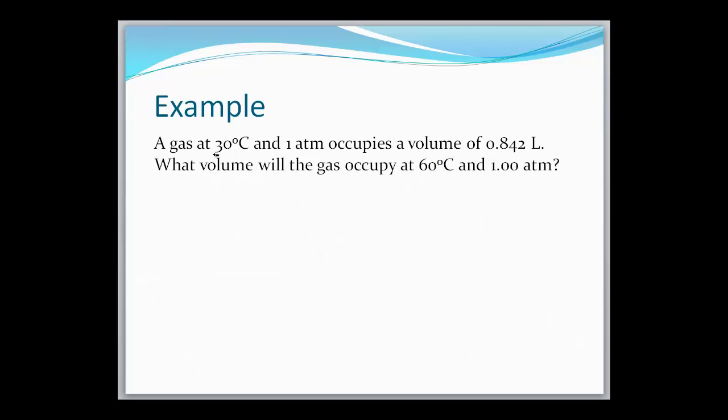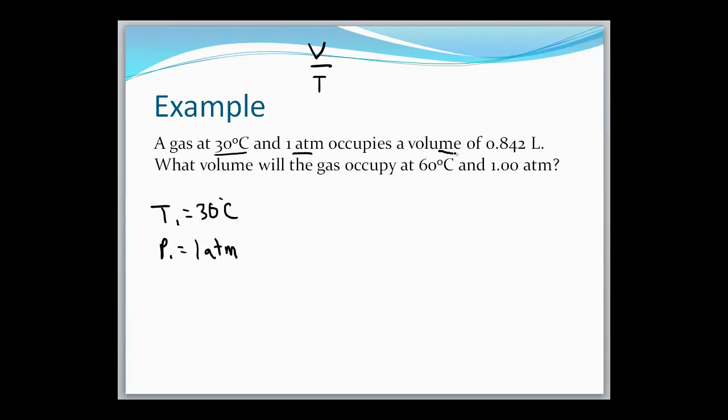Let's take a look at another one. We've got a gas at 30 degrees Celsius. So I'm going to write T1 is equal to 30 degrees Celsius at 1 atmosphere. Now that's a unit of pressure. Notice Charles's law deals with volume and temperature, but if you're given a pressure, write the unit out because you never know when that's going to affect the problem.